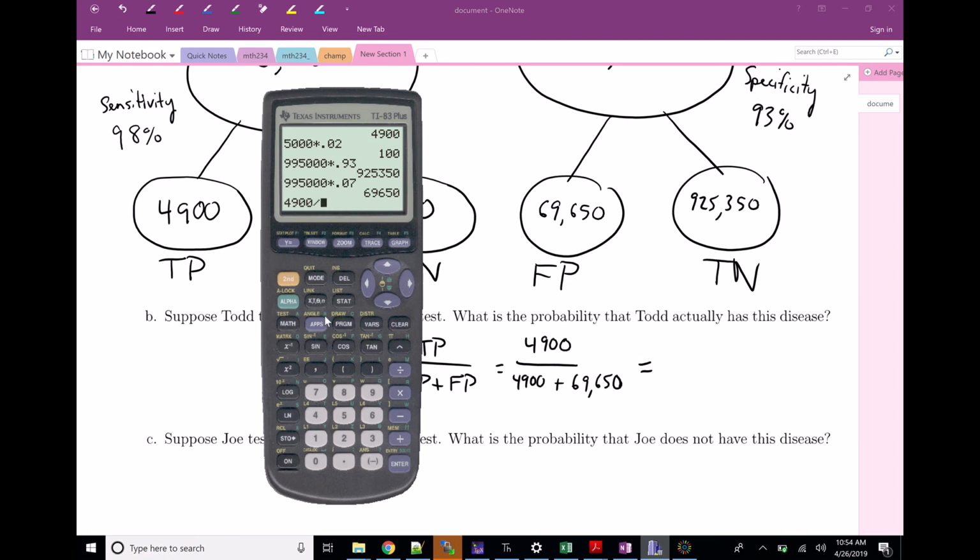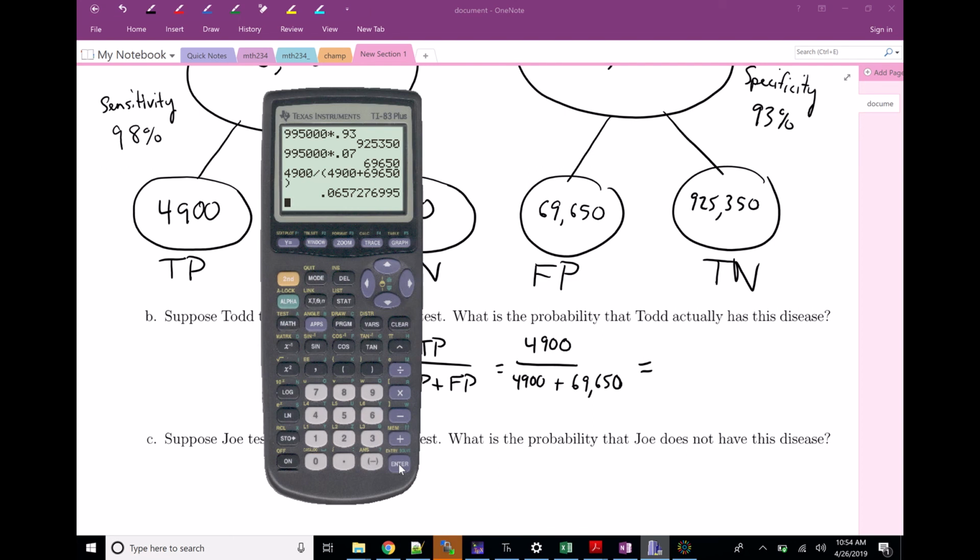So again, 4,900, we're going to go ahead and divide that by, and I'm going to use parentheses here because we have to divide it by a couple things. We have to divide it by the 4,900, but then we also add on the 69,650. So these parentheses are very important to divide by all of this.